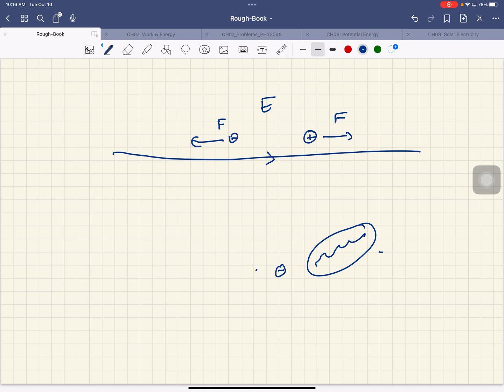You created a hole and an electron there. So how do you prevent them from recombining? If you could create an electric field at the point of creation, they would move in opposite directions. They wouldn't have a chance to recombine. And that's the idea. And that's what happens in a photovoltaic cell.